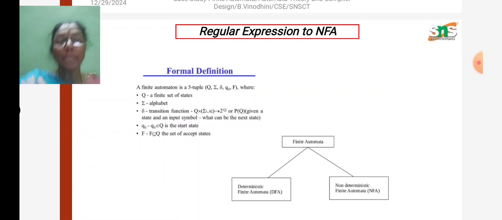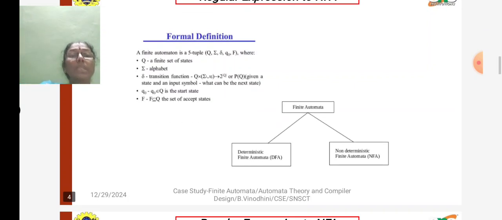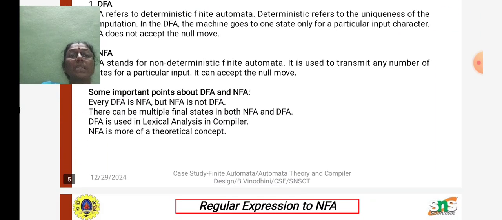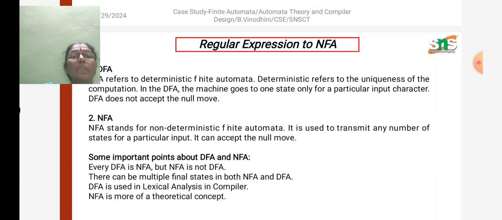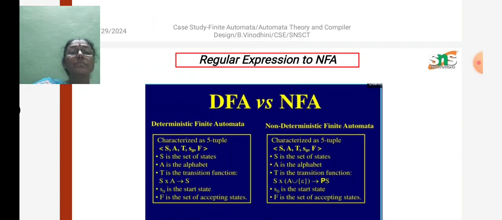The finite automata is of two types: non-deterministic and deterministic finite automata. The difference is that in a deterministic one, for a single input symbol, the transition goes to a single state only.